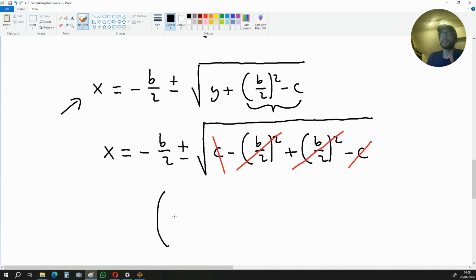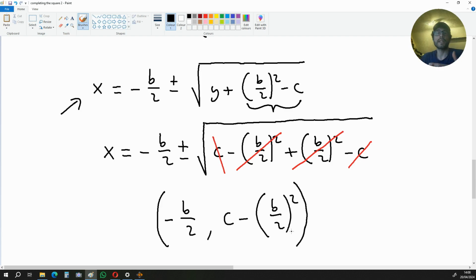So the coordinates for that turning point are minus b over 2, and c minus b over 2 squared. Let's see what this looks like on Desmos.